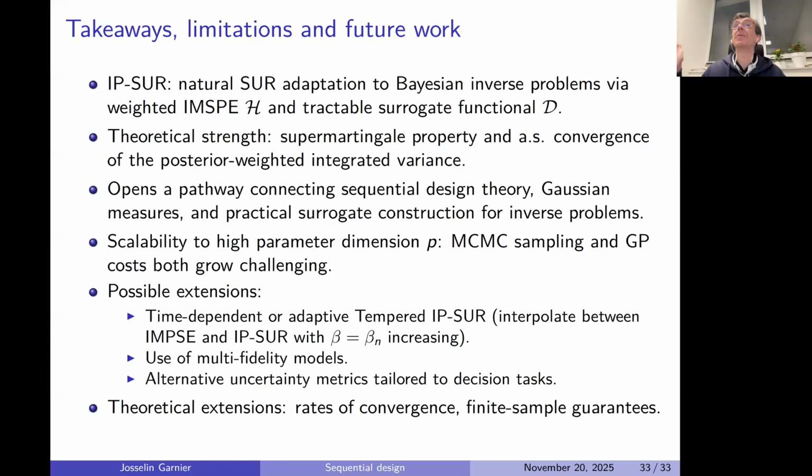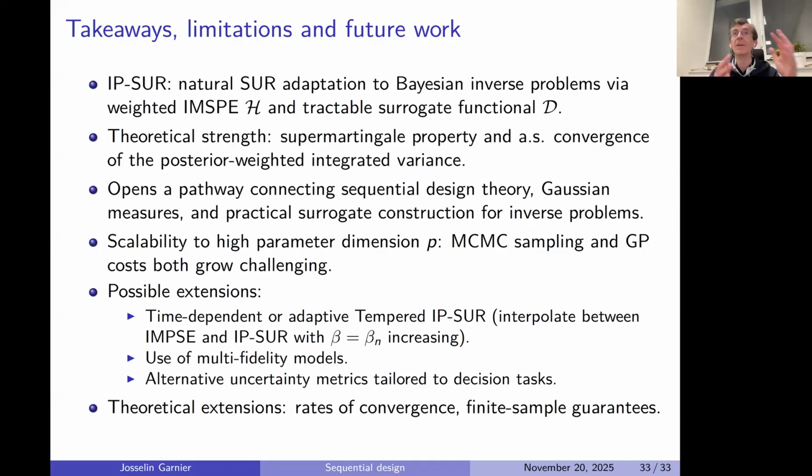But why not? Then, we could also think about multi-fidelity models. This is especially true for the neutronic problem that we wanted to address, because the expensive code can be run at different levels of accuracy. Very high accuracy, but that's very expensive, or lower accuracy, which is still expensive, but less expensive.